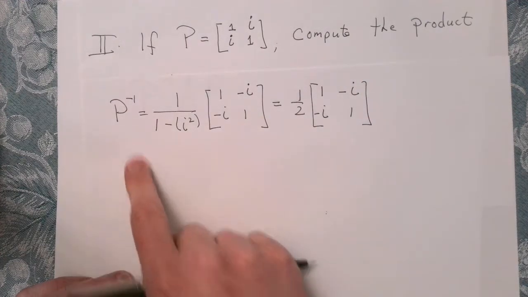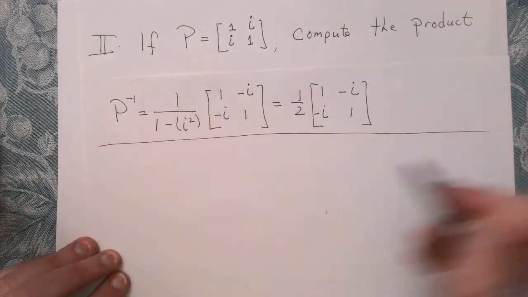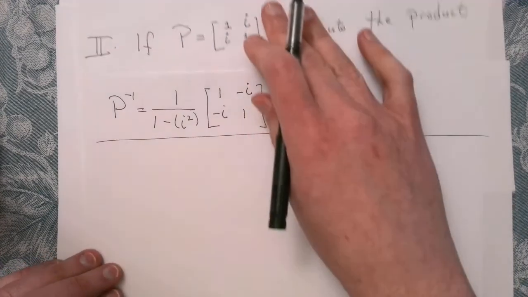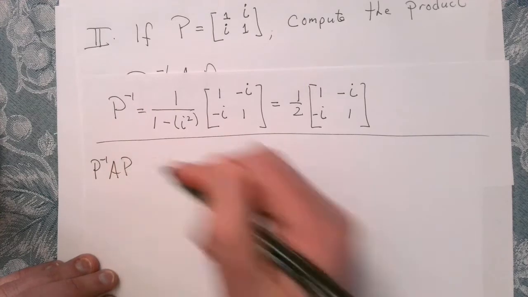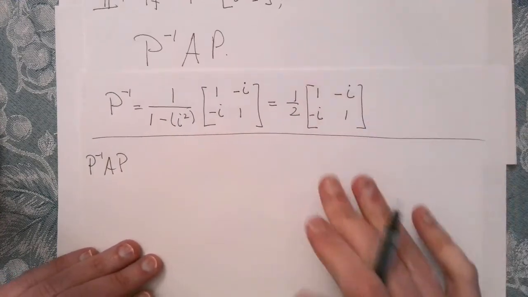Okay, so here we go. We've got P inverse. So now our job is to do this big multiplication here, right? P inverse times A times matrix P. So what does that mean?